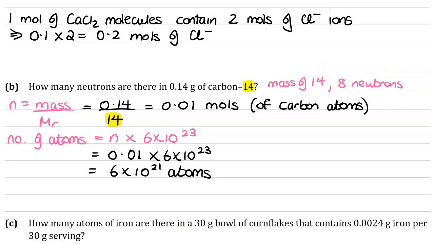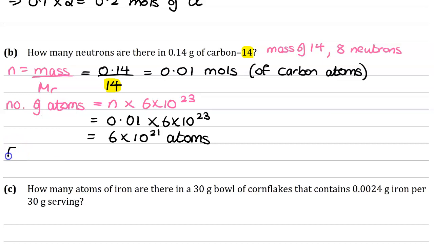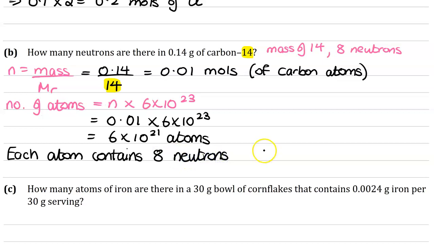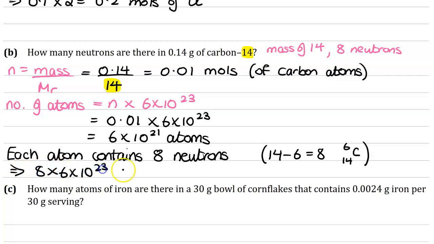So what we need to do is multiply this by 8. Each atom contains 8 neutrons. That's from 14 minus 6 equals 8, because this is carbon-14. So that means we have 8 multiplied by 6 by 10 to the 21, which is going to give me 4.8 by 10 to the 22 neutrons.